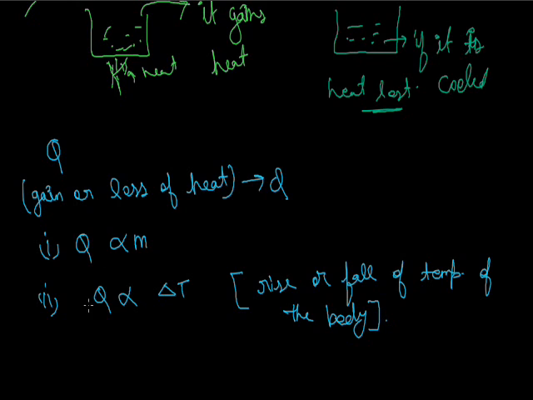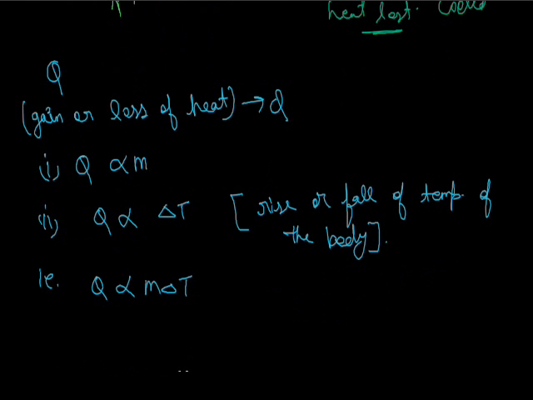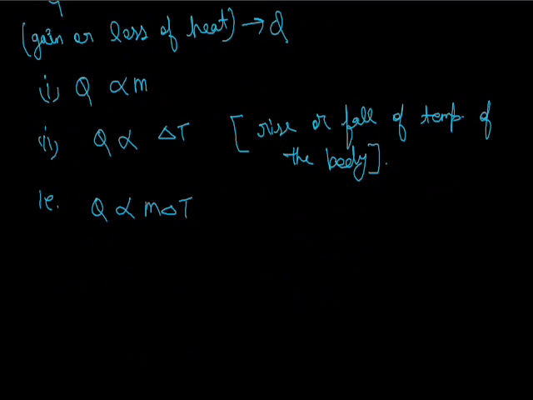From these two we can write Q is directly proportional to m delta T. If we want to remove the proportionality sign, then we can write Q is equal to m s delta T. This is very important.